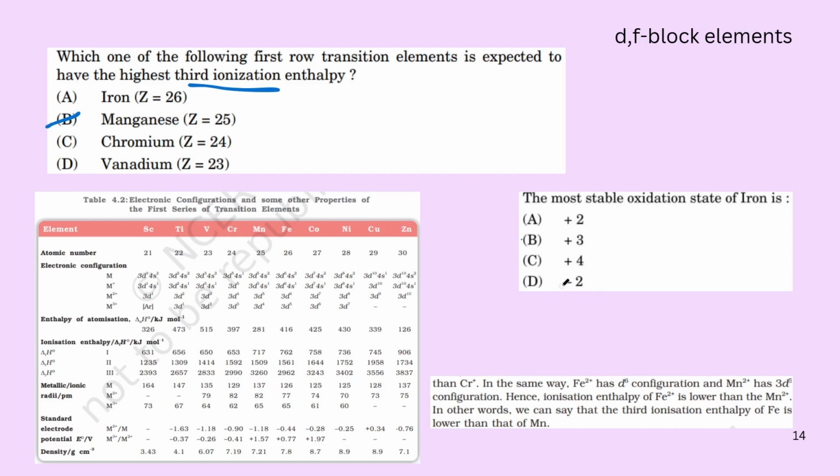We're not even going to bother with the -2. If you see +3, +2, and +4, you can write it down here. But between all of these, 3d5 is obviously going to be the most stable, and that is for Fe3+. Because of that, this is going to be the most stable oxidation state of iron.